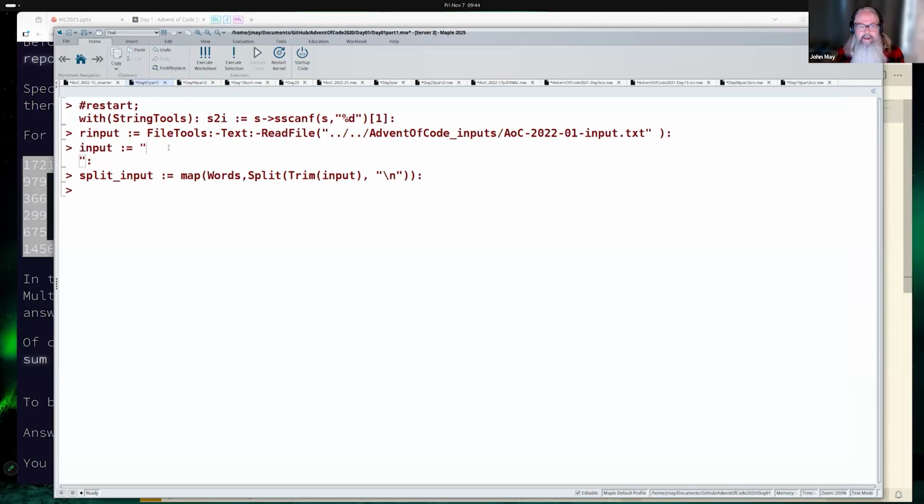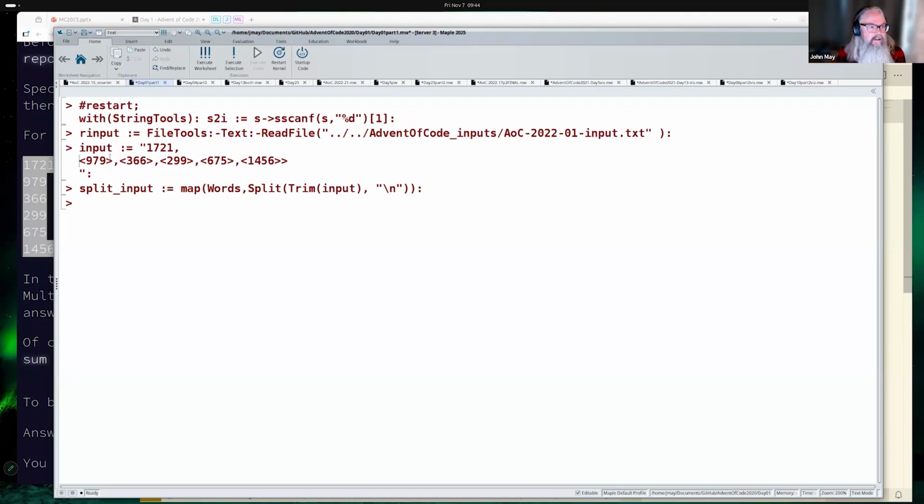So this is my template for starting an Advent of Code problem. Maple does this to me. This is a very helpful thing that Maple does, which is if you try to paste in a list of numbers, it turns them into a matrix, which is great a lot of the time.